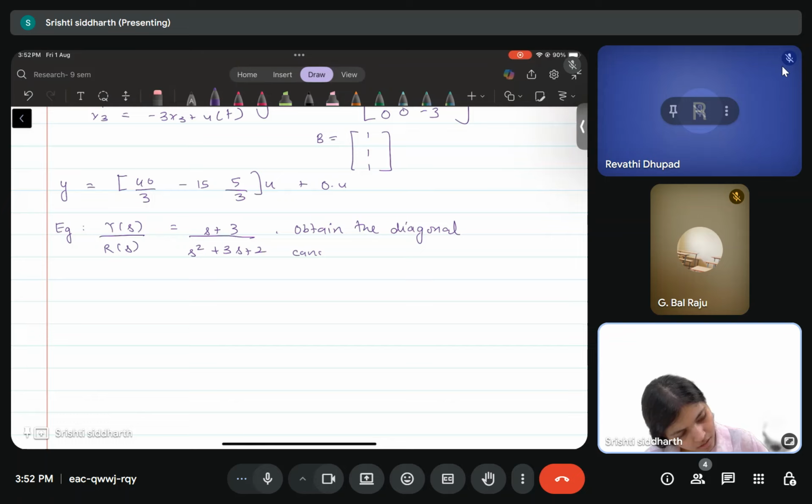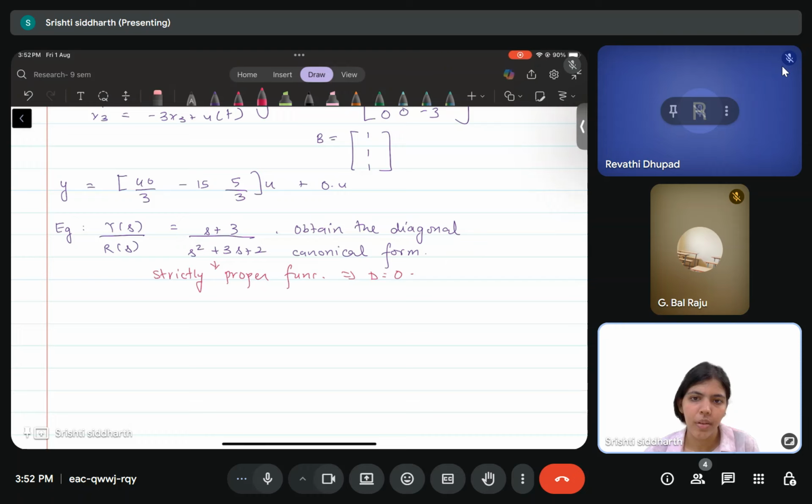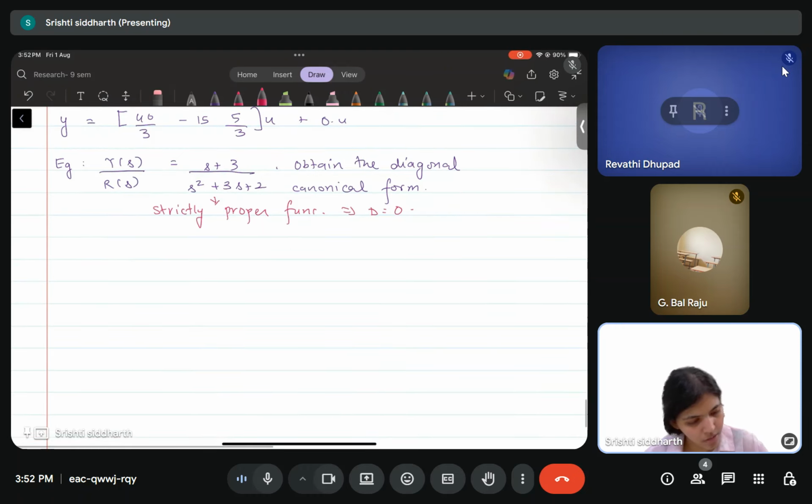The first thing to observe is that it's a strictly proper transfer function, which implies that D is going to be 0. Now let's look at the roots of the system. These are going to be the roots of the denominator polynomial. So we have to solve s square plus 3s plus 2 equals 0. So the eigenvalues are s equals -1 and -2.